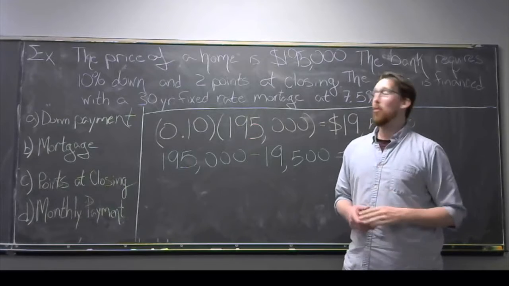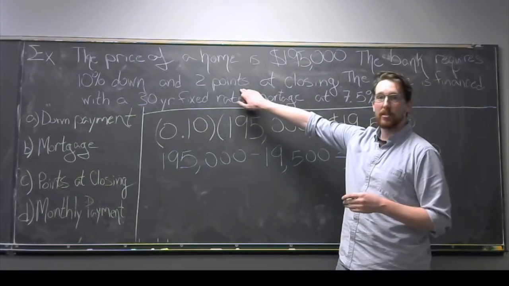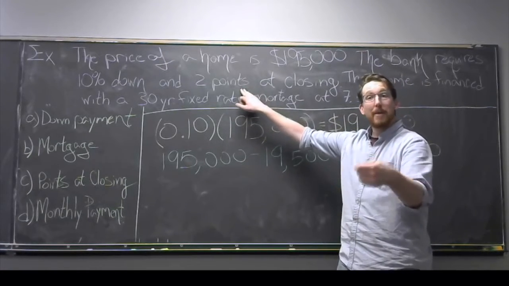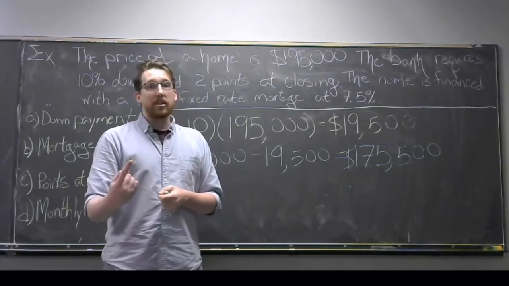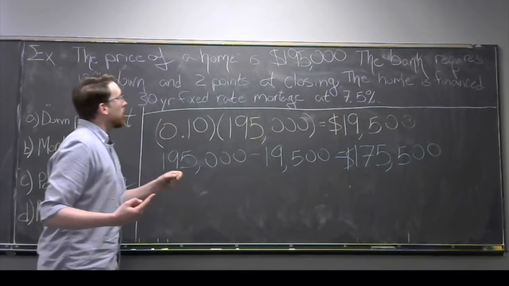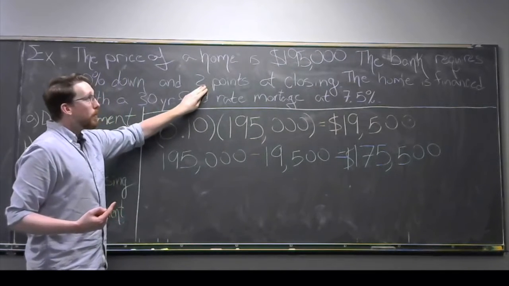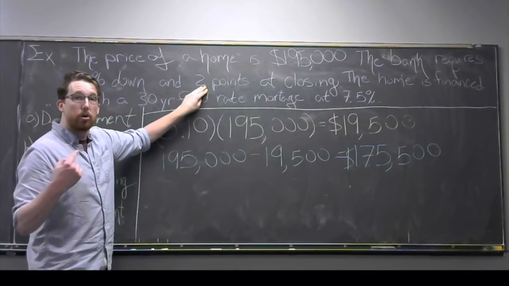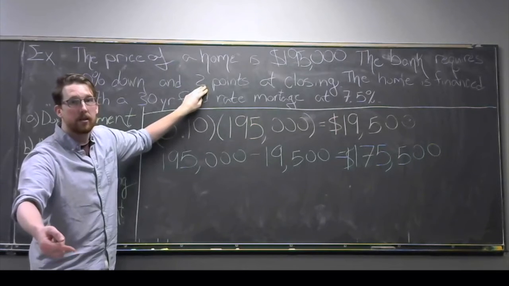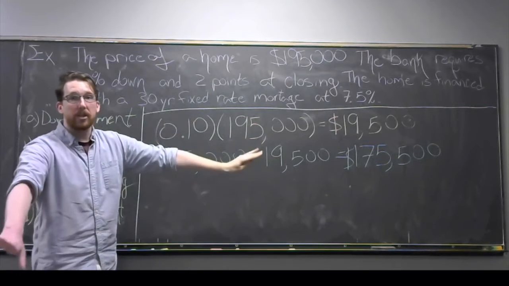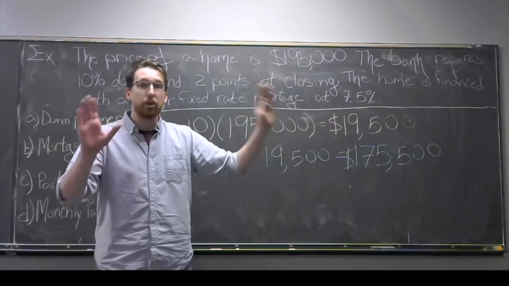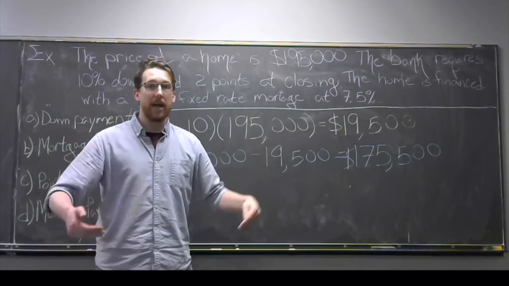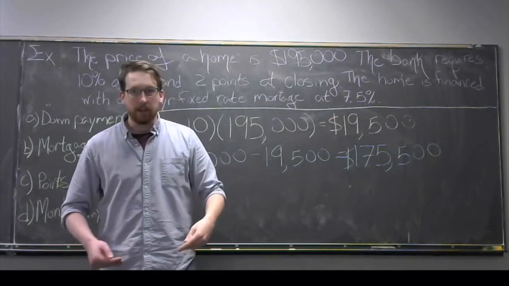But what it means is every point is 1%. So we're going to be paying 2% to whoever the lending agency is. It doesn't go towards anything for us. It is just a cost that we have to pay at closing.